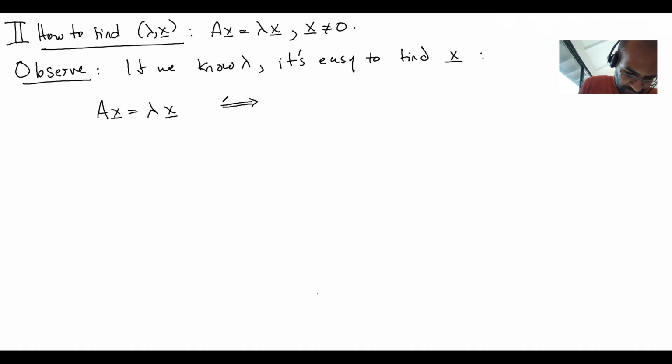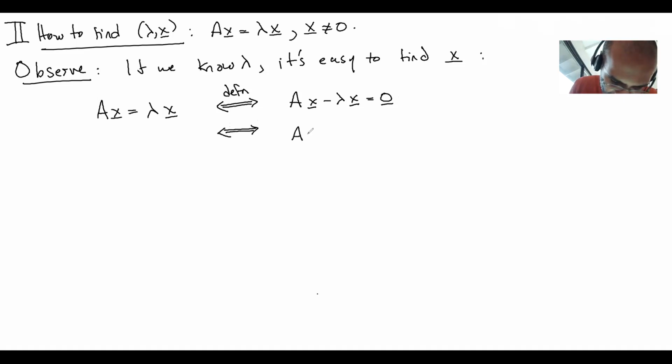This is true if and only if you just rearrange it: Ax minus lambda x is equal to 0. That's just the definition. But then, just by matrix algebra, lambda times x is the same as lambda times identity times x, right?